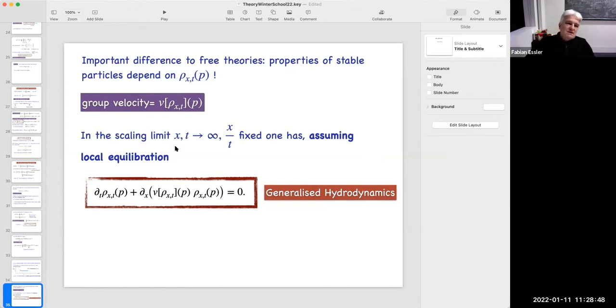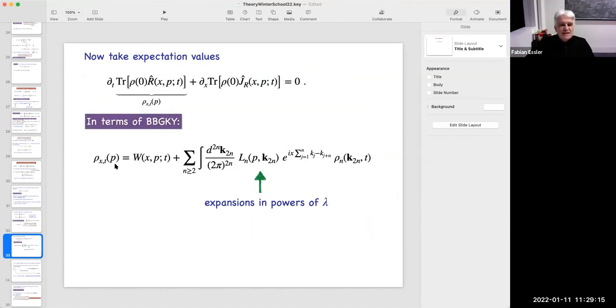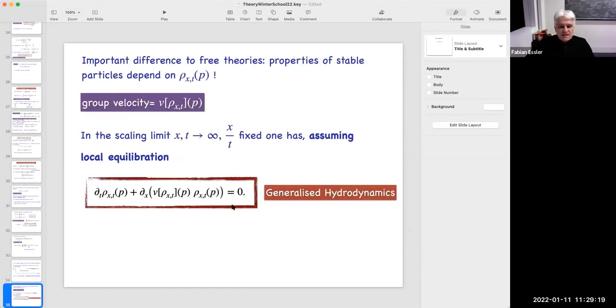Okay, and then the final step is, and I'm almost out of time, which is just as well. You again go to this limit where you take x to infinity, t to infinity, x over t fixed, and assuming again the system equilibrates locally, you obtain now a hydrodynamic equation for this object, this generalized Wigner function.